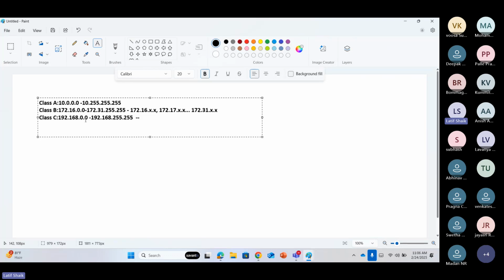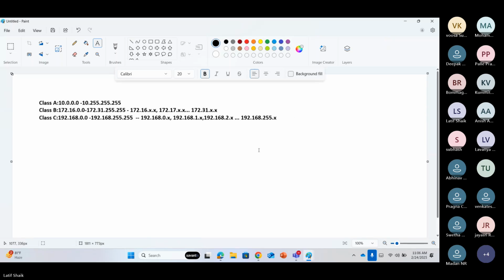This is different from A and B because here there are 256 networks. 192.168.0 is one network, 192.168.1 is another network, 192.168.2 is another network, and so on: 0, 1, 2, 3, 4, 5, 6, up to 255.